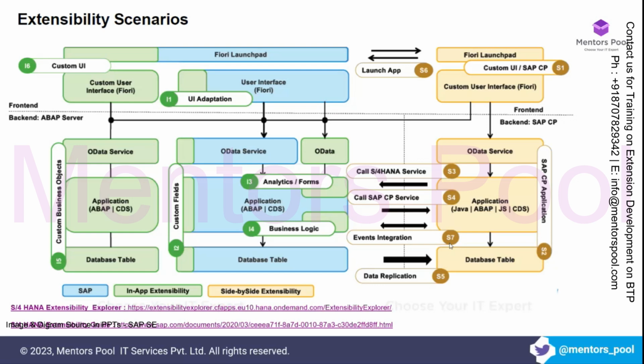So for whatever reason, if I was a late catcher, or if I had a huge implementation on ECC, or if I'm too conservative about my data and application infrastructure, for whatever reason I have not gone to S/4 yet, or if I have a huge customized solution which nobody was ready to migrate, or it was a difficult migration. So there can be many reasons why people are still on ECC.